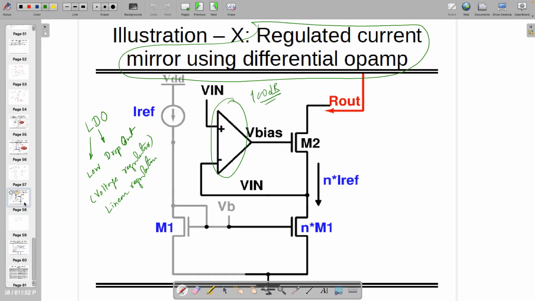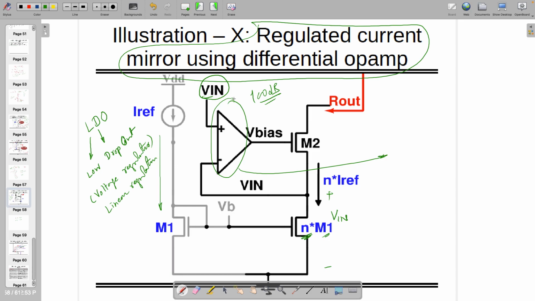So if you look at this circuit, if this is V in over here, what is the voltage over here? Voltage O has to be V in only, right? V in does not change for a given current, because here it's a current mirror, it's getting mirrored. If it is n times this M1, then n times Iref is flowing through this particular transistor without any problem, because of course whatever rules you are following for this op amp, you have to follow.